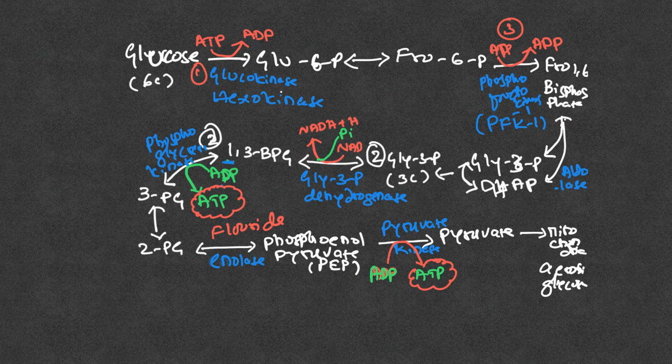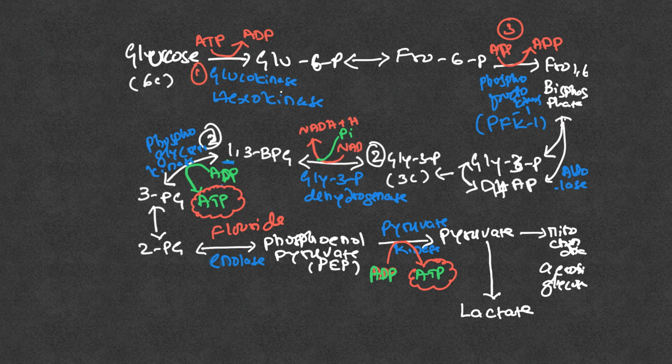What if the cell does not have mitochondria? What if oxygen availability is less? At that time pyruvate will be diverted into lactate formation. Pyruvate will be converted into lactate.